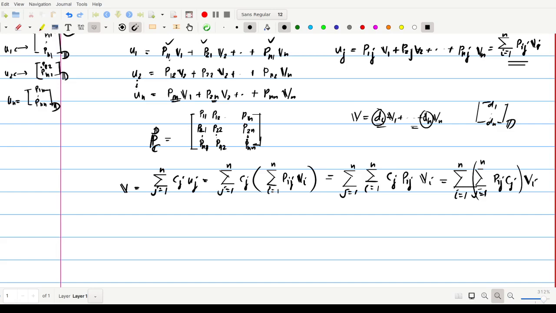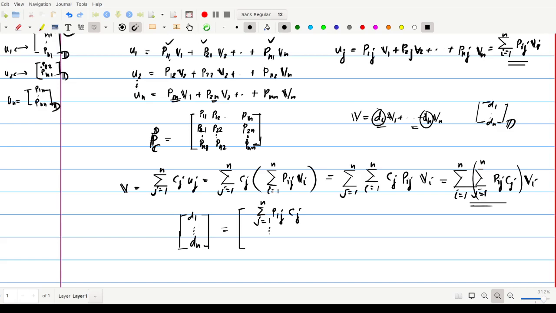That must coincide with this one, because these coordinates will be unique if these bases are ordered bases. So this is the expression of v as a linear combination of the elements of D, and these elements will give the coordinates. That means d1, d2, etcetera dn are the coordinates, and this will be the same as this one. When you put i equal to 1 here, that will be summation j equal to 1 to n of p1j cj, this will be the coefficient.